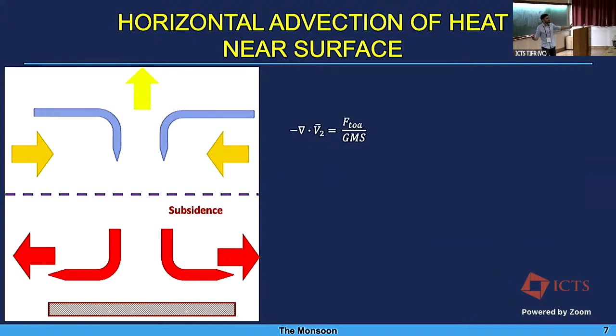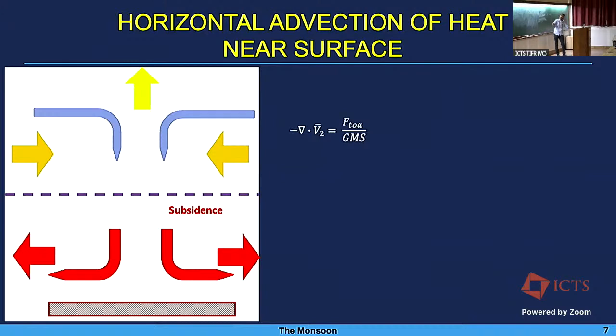But does that assumption hold in regions of descent? That is the question, and it turns out it does not. So we need to consider horizontal advection terms, which are missing in Charney's considerations, and it is for that reason it did not progress further. If we modify GMS to account for these horizontal advection terms, then we may be able to get an equation of this sort working for the deserts as well.